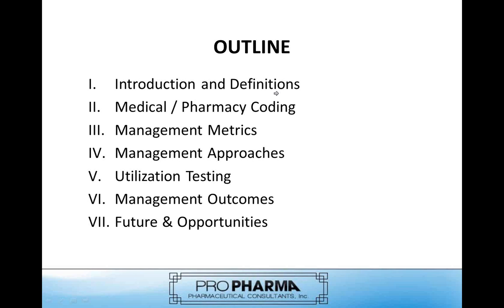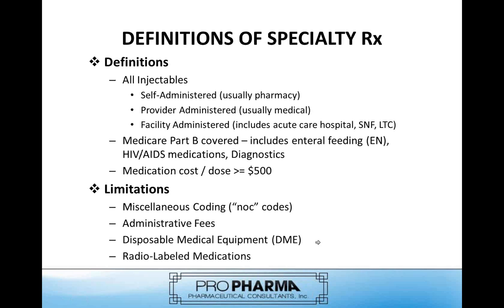And then what are the management approaches, and what do you do besides cost management in order to address it, as well as what are the outcomes here? What can you expect that is going to be an actual impact of what you see? And then, of course, what's going to happen to the industry as a whole.